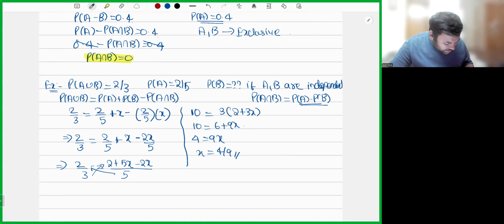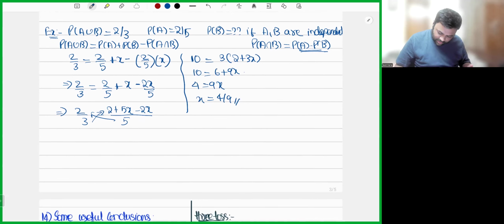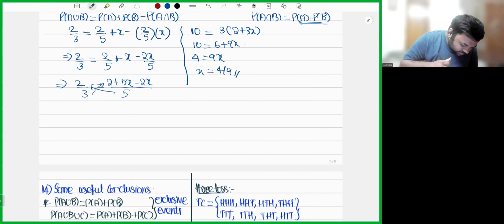Okay. Now just try these 2 questions and tell me the answer. Let me see if you can crack this. Example. P of A is equal to 3 by 5. P of B is equal to 2 by 3.